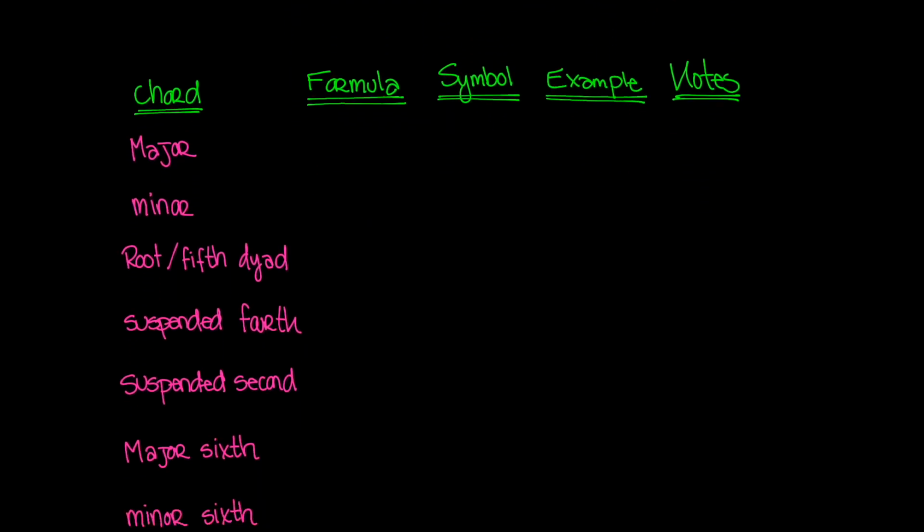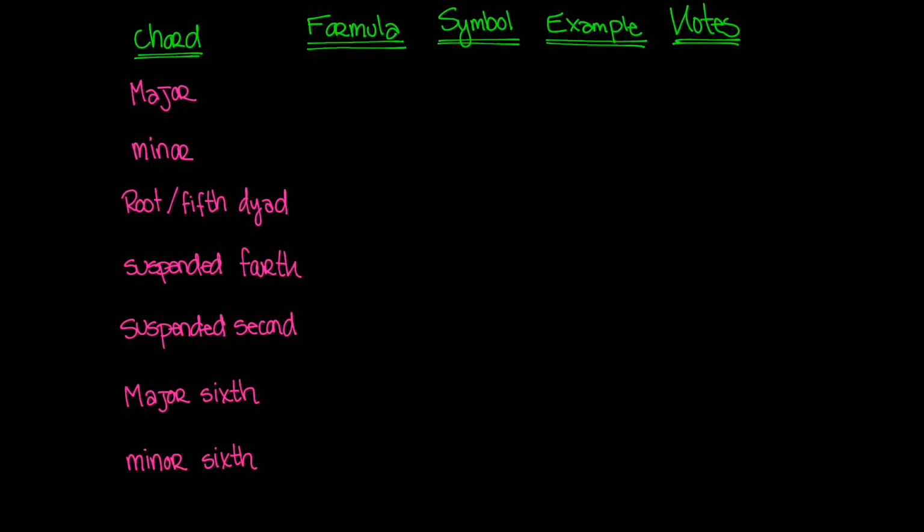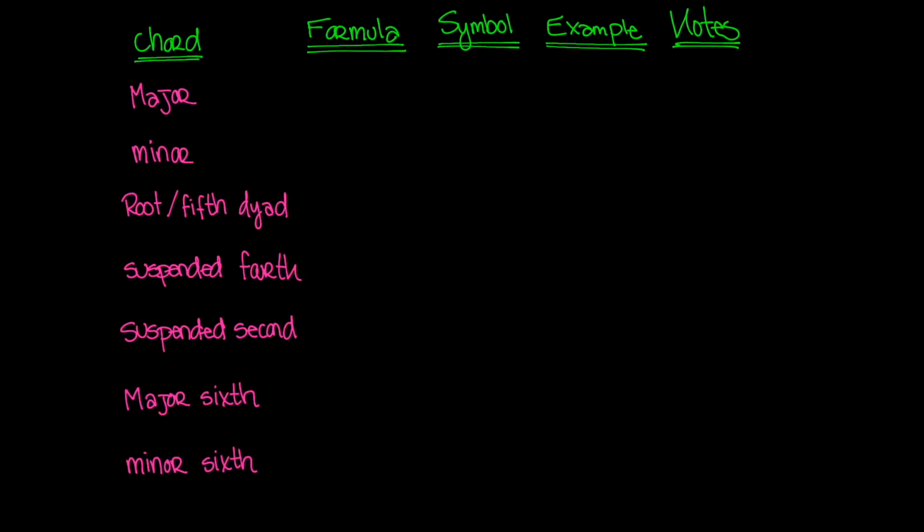All right, so let's take a look at a few chords here. These are what I would consider your basic chords, sans the diminished and augmented chords, but this is sort of your basic setup. A major chord, the formula for that is going to be 1, 3, and 5, and that just means that we're going to be using the first degree of the major scale, the third degree of the major scale, and the fifth degree of the major scale.